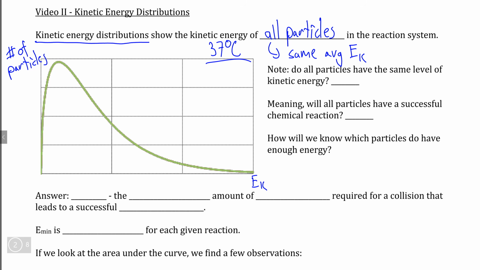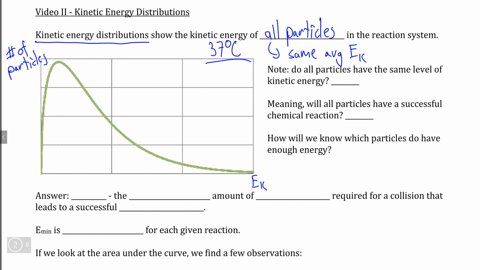So what this means is that as the amount of kinetic energy increases, if we assume that the average temperature is 37 degrees Celsius, a relatively small number of particles are going to have a much higher kinetic energy, and most of the particles in this reaction system are going to have a kinetic energy around here.